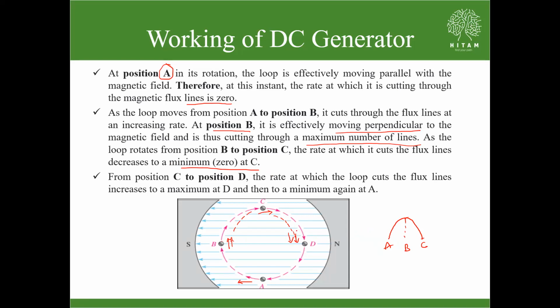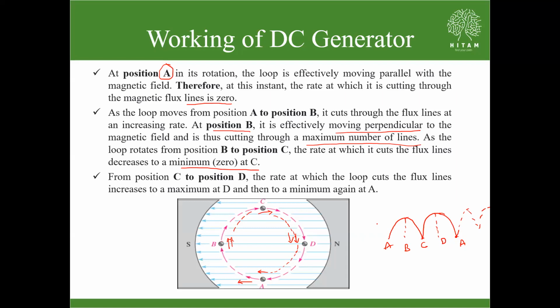Whether upward or downward, it is perpendicular to the field lines. So it increases up to point D, and from D to A, it reduces to 0 in the parallel path. That means from D to A the flux cutting EMF is reducing and reaches 0 again. Like this, it will be continuous.